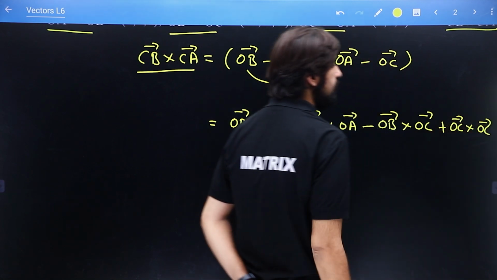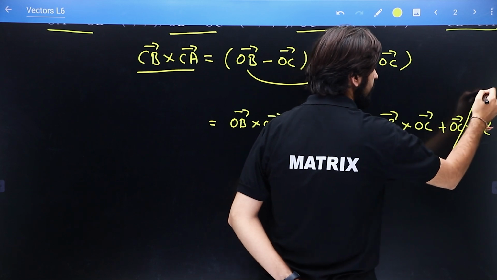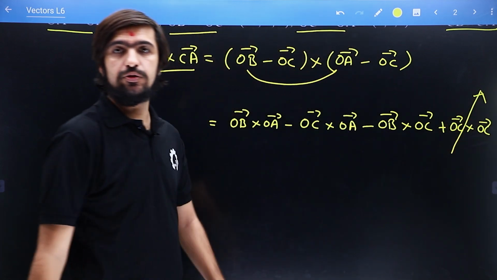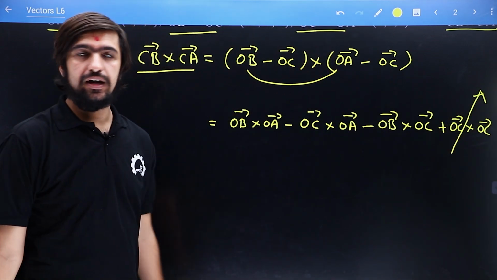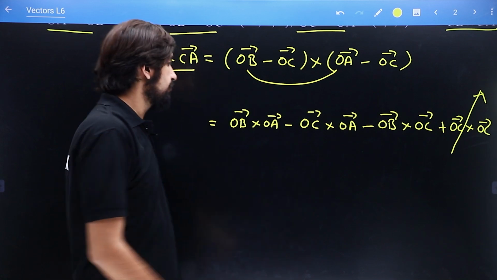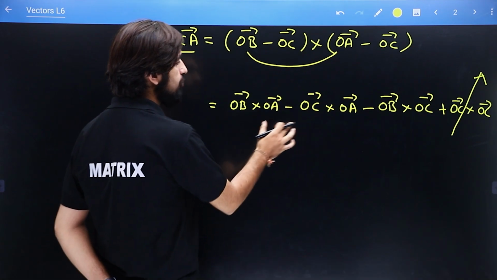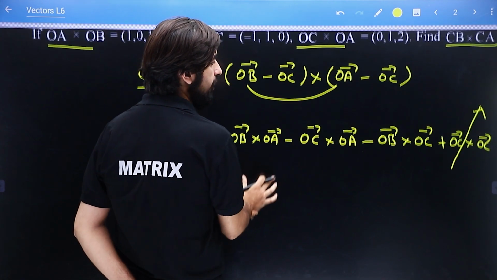We have already seen that if two vectors are parallel, their cross product is 0. Why? The angle between those vectors will be either 0 or pi, and sine 0 and sine pi are 0. Then we have found OB cross OA, OC cross OA, and OB cross OC.